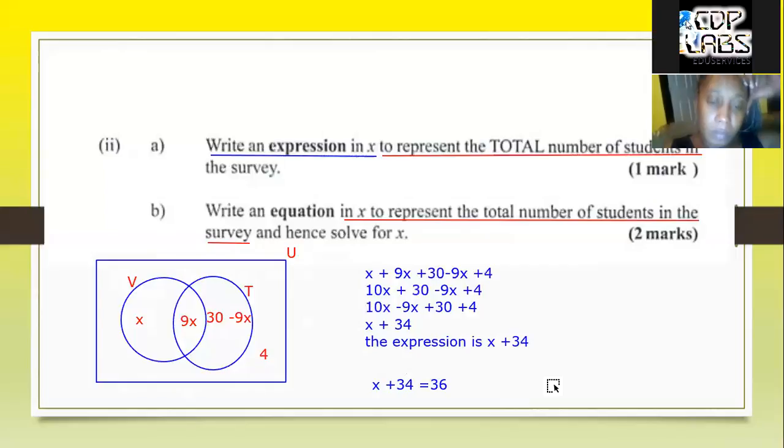Alright, so what does x equal to? That's easy, what does x equal to? Tell me what x equals now.